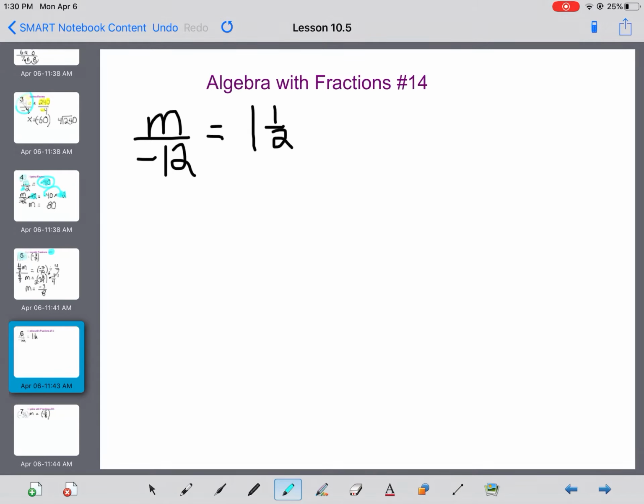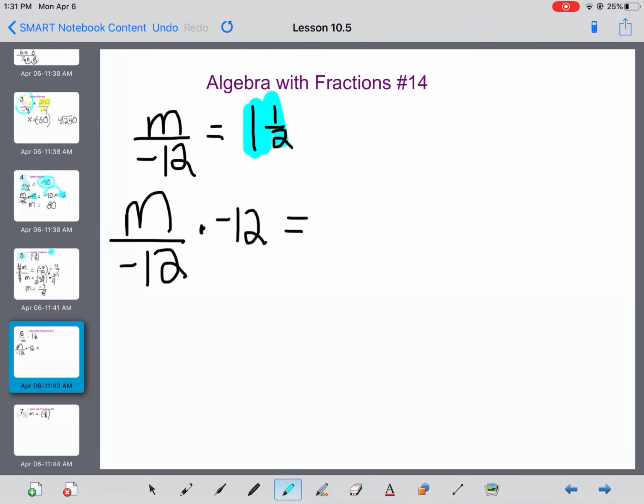Now we have m divided by -12 equals 1 1/2. So same thing, get m all by itself. So it's being divided by 12. What's the opposite? The opposite is multiply by -12. Okay, what you do to one side, you must do to the other. Now I'm going to combine two steps into one because I know when I work with multiplying fractions, I can't leave my mixed number that way.